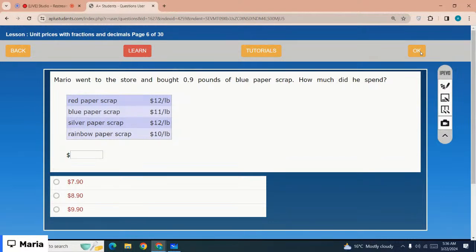Okay, the next one is Mario went to the store and bought 0.9 pounds of blue paper scrap. How much did he spend? The blue paper scrap is 11 pounds. 11 times 0.9. So, which is the correct option?